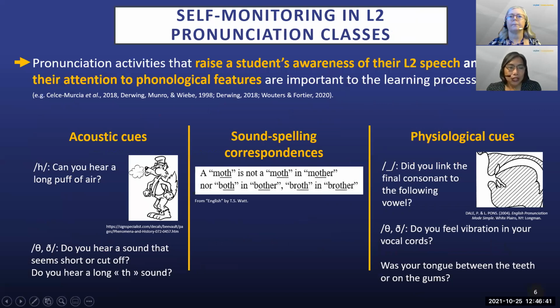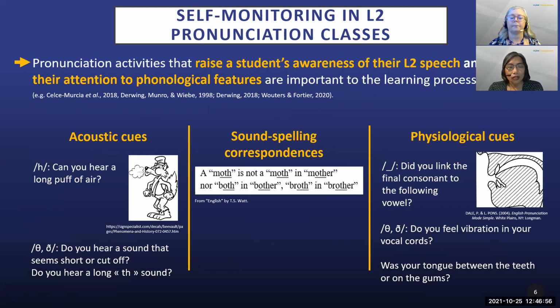So what do learners need to know to better self-monitor their pronunciation? Activities that raise awareness are important. For example, metalinguistic awareness of different rules, such as particular sound spelling correspondences, are helpful.